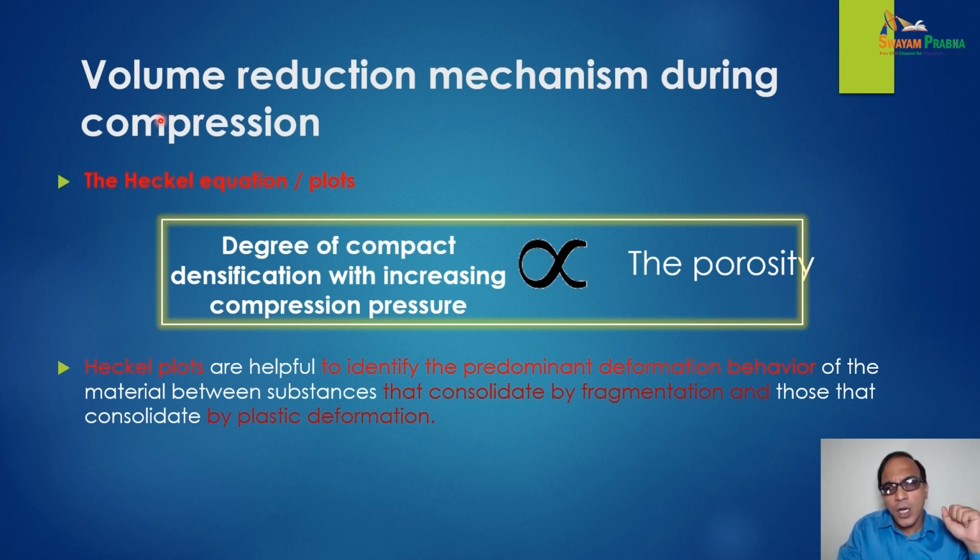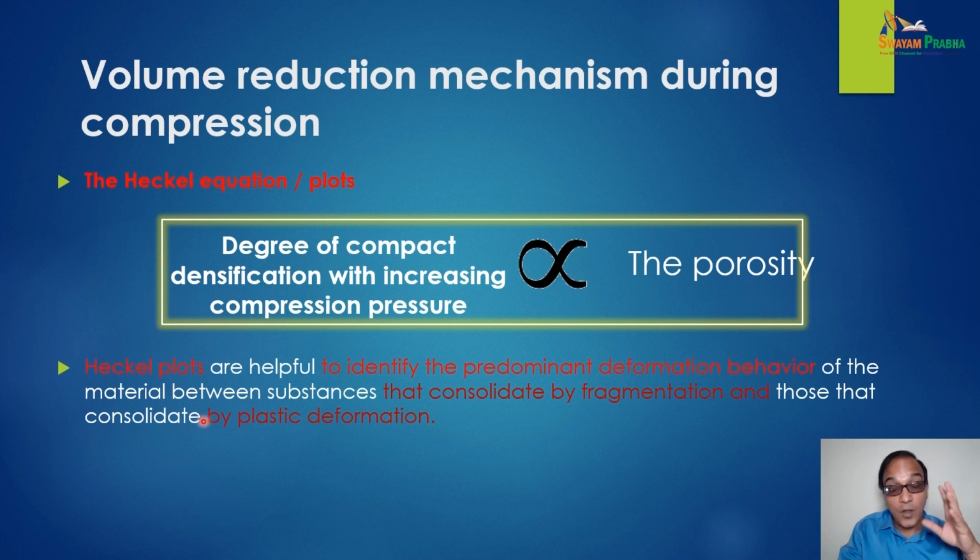Now let us see the volume reduction mechanism during compression. The Heckel equation tells us that the degree of compact densification with increasing compression pressure is directly proportional to the porosity.